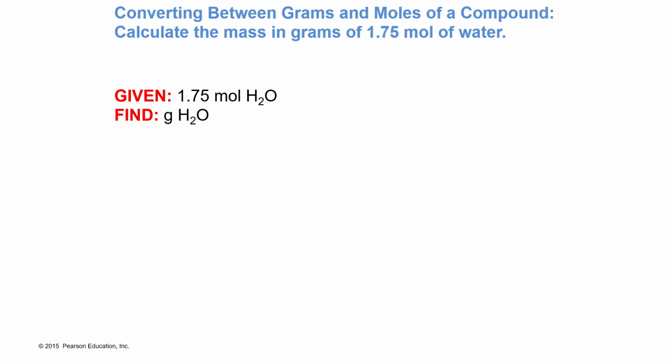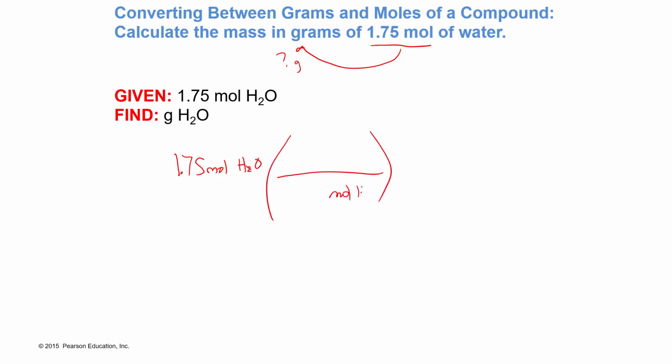Okay, so now converting between grams and moles of a compound. Calculate the mass in grams of 1.75 moles of water. So we have 1.75 moles, we're going to question mark grams. 1.75 moles of H2O, grams of H2O. 1 mole is equal to the calculated mass from the periodic table.